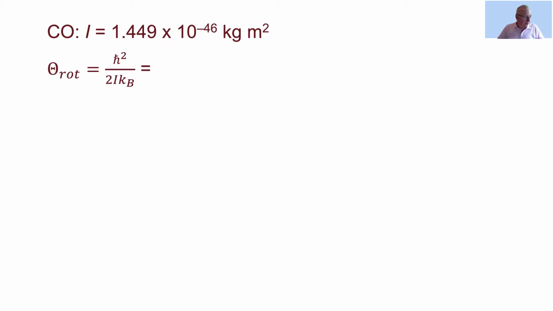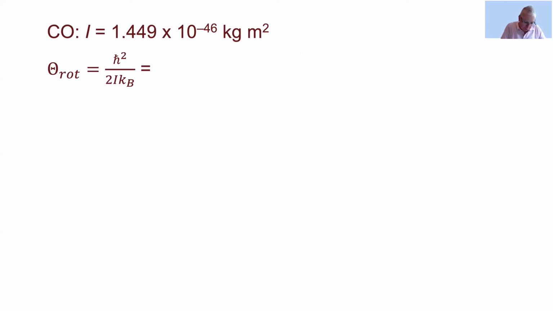I started here with the moment of inertia, right? We could find the moment of inertia if we had to. We would need to get the reduced mass and we would need to know the bond length to get that moment of inertia, right? But the moment of inertia for carbon monoxide is as written there. And so my rotational temperature parameter looks like this.